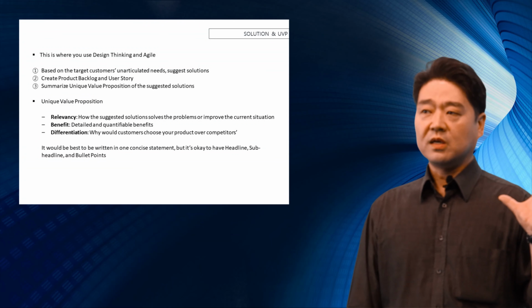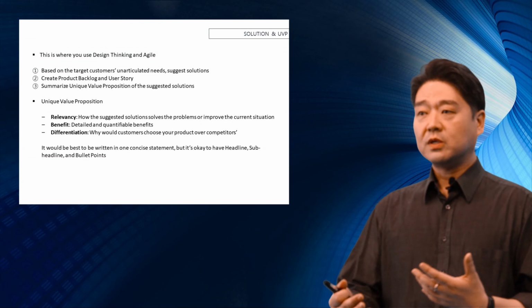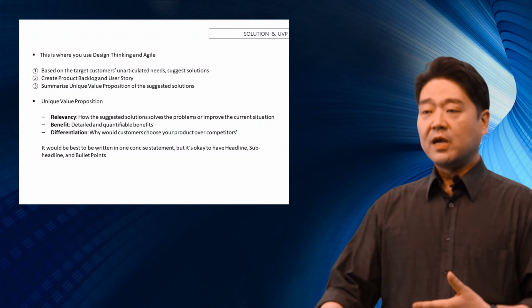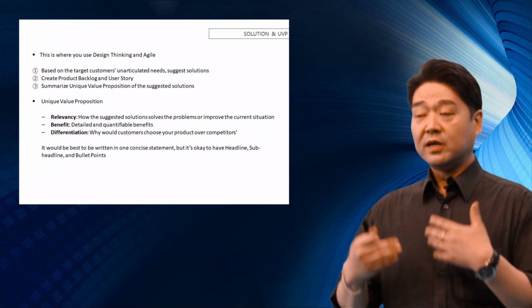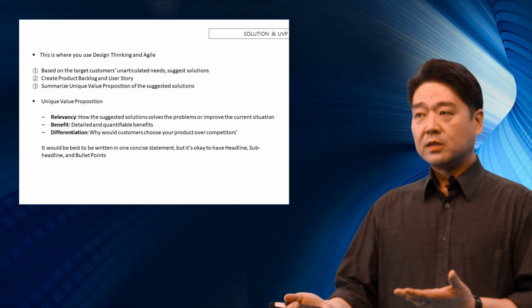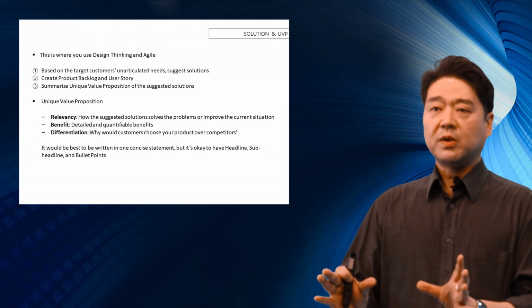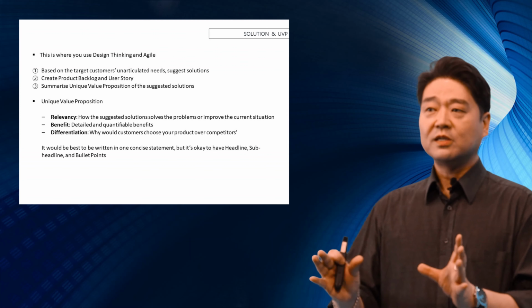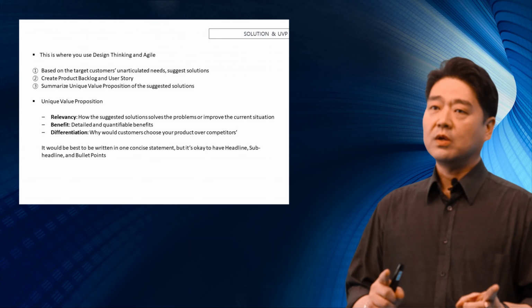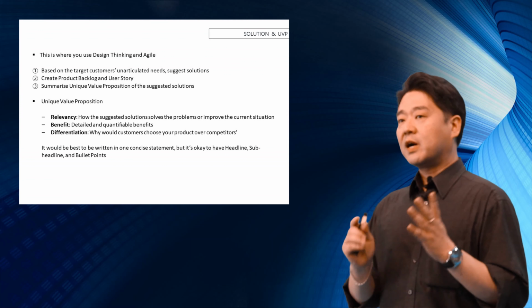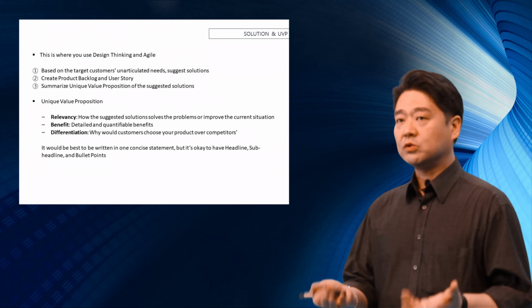What we did in design thinking is that we talked about unarticulated needs, and we came up with the insight, and we came up with the point of view statement. With the point of view statement, we started suggesting solutions in an ideation stage. That's exactly what we are going to do. Based on the target customer's unarticulated needs, we suggest the solutions.